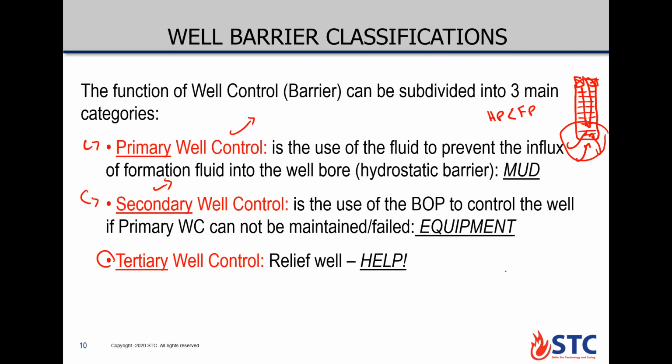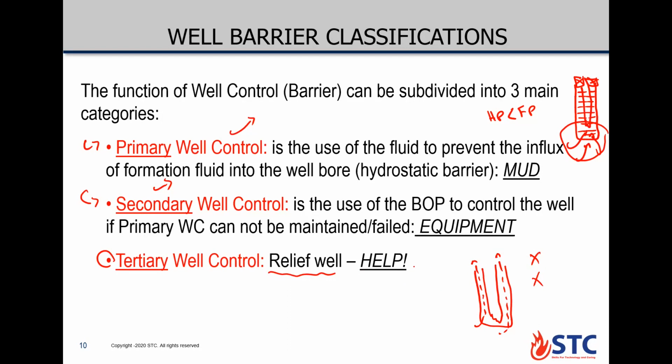Let's imagine we have here our well. While drilling, we have an influx, and this influx managed to reach the surface, so we have a blowout. Now our primary barrier has been compromised, and our secondary barrier has been compromised, so it's time to drill a relief well.